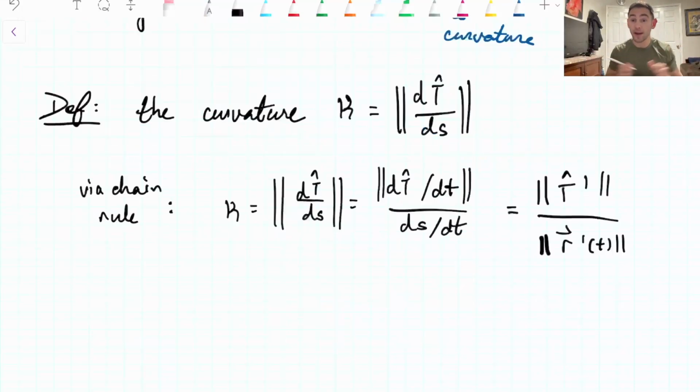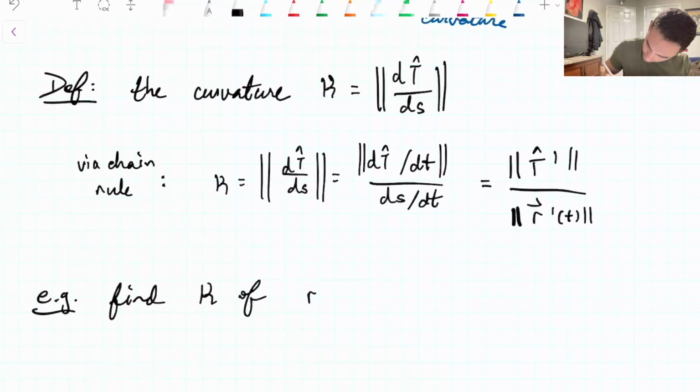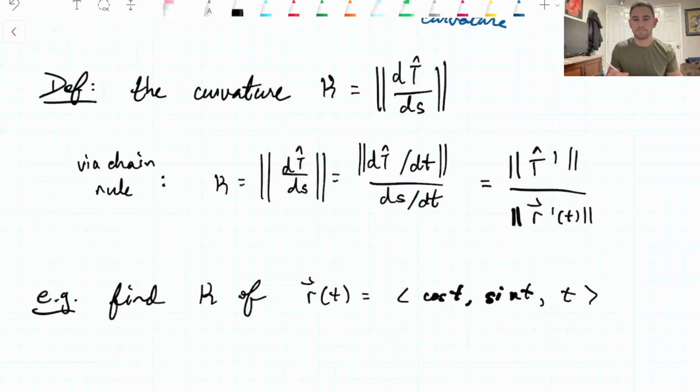Okay, let's go ahead and compute the curvature for the unit helix. So let's find the curvature of our unit helix, r of t equals cos t, sine t, comma t. This, of course, is the example we will be working with throughout the entire duration of this unit, and we've already done the vast majority of the work to compute this already.